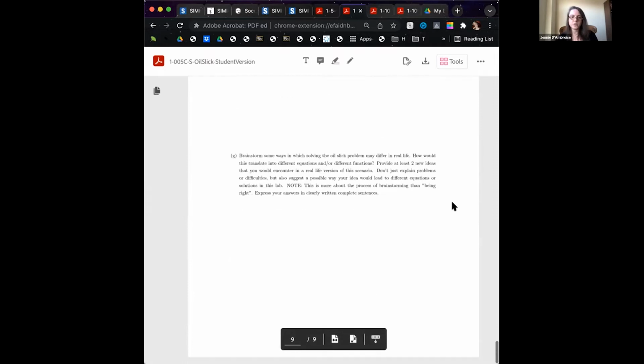And then I did put in an open-ended part towards the bottom, because by this time, the student has gone through what has essentially been a very guided way of doing the modeling, where they learned what a differential equation was by doing this exercise. But for the final question, I ask them, okay, what types of things do you think would happen in real life that weren't reflected in this lab exercise?